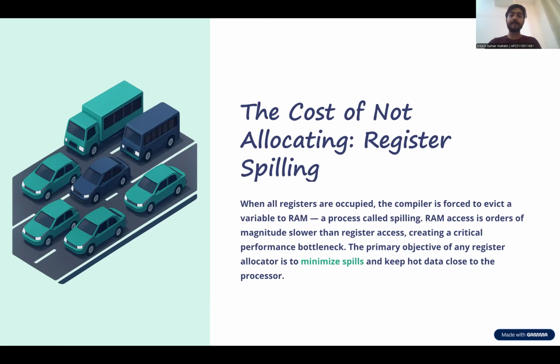The problem is that RAM is much slower than registers. Accessing RAM may take many more CPU cycles. Frequent spilling causes performance loss because the processor spends more time loading and storing data instead of doing useful computations. Therefore, the main objective of register allocation is to minimize spilling and keep frequently used variables close to the CPU.